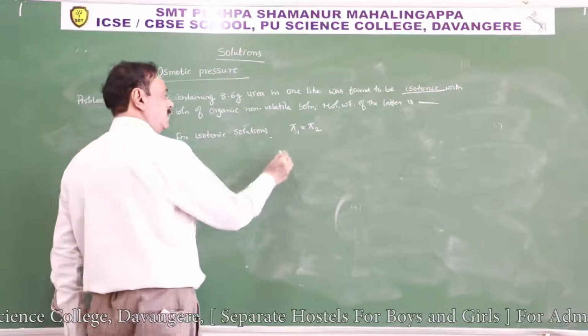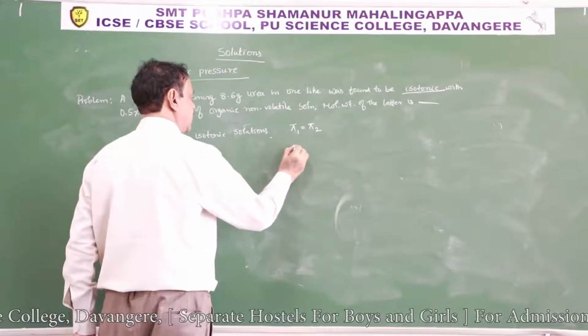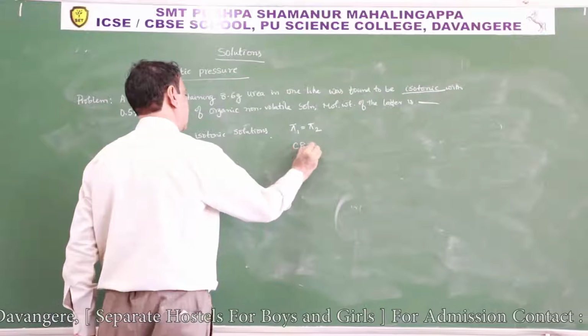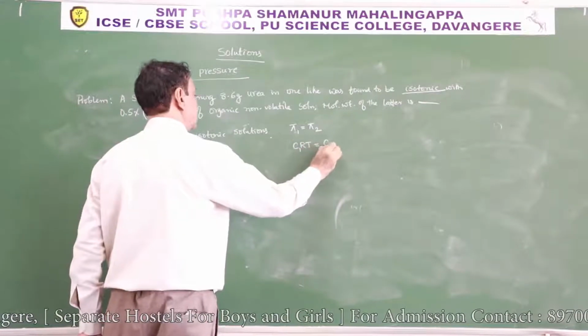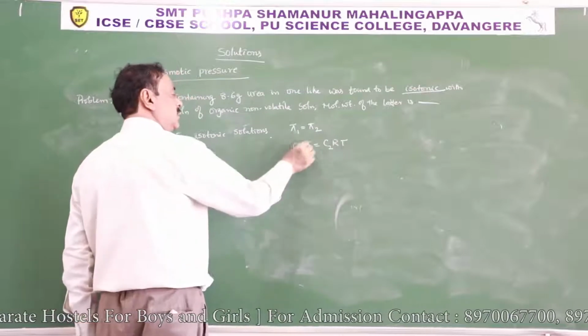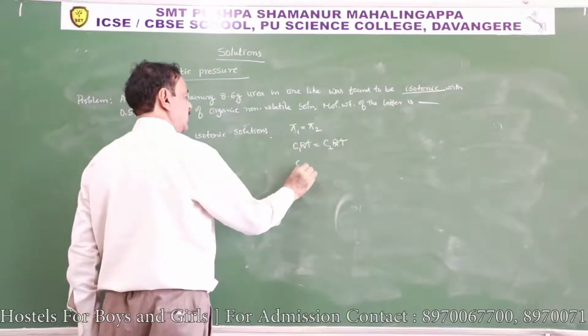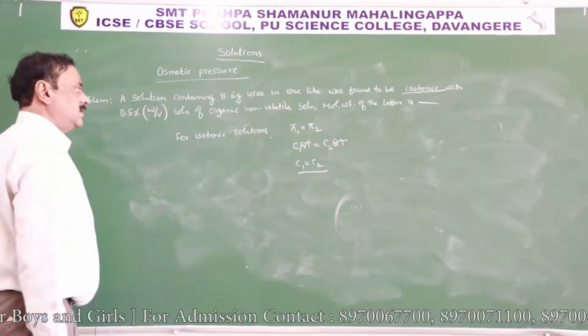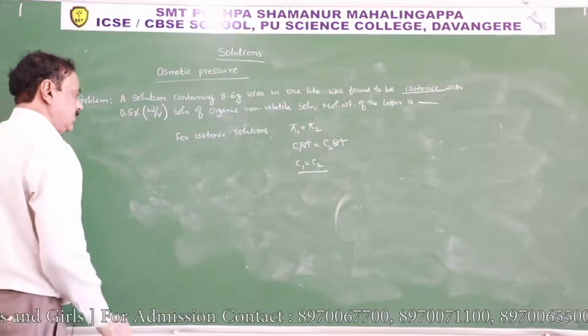What is this pi 1? Pi 1 is given by C1 R T is equal to C2 R T. There RT will get cancelled. That is, C1 is equal to C2.